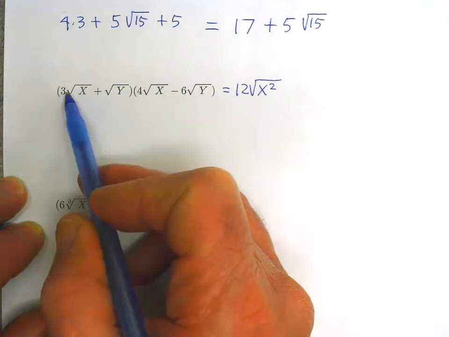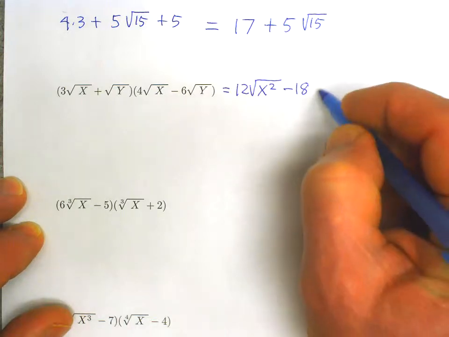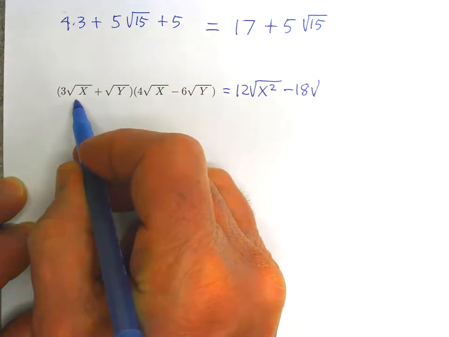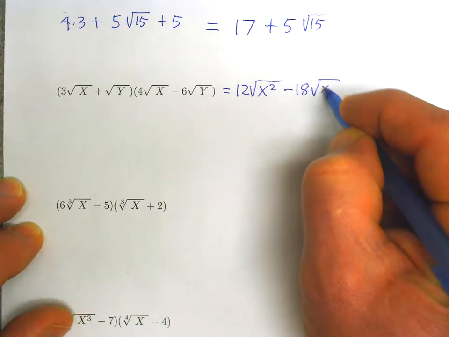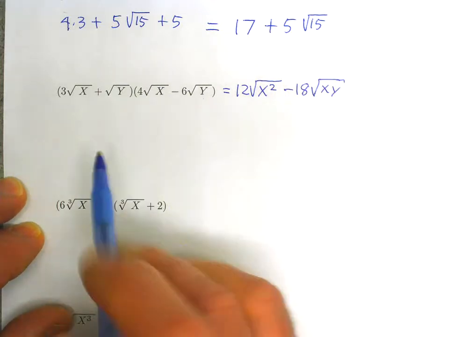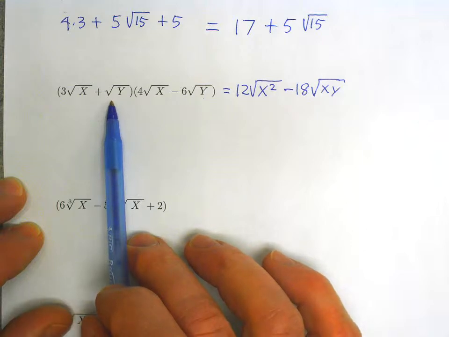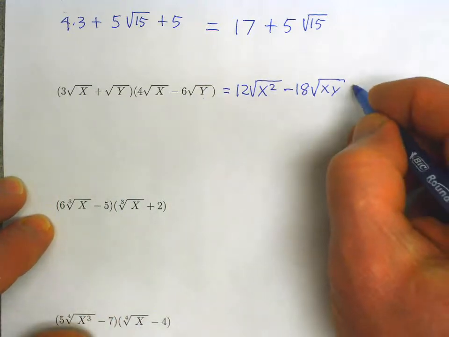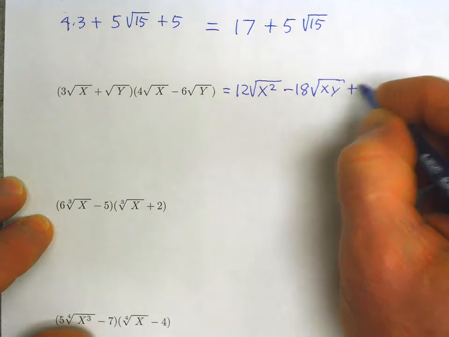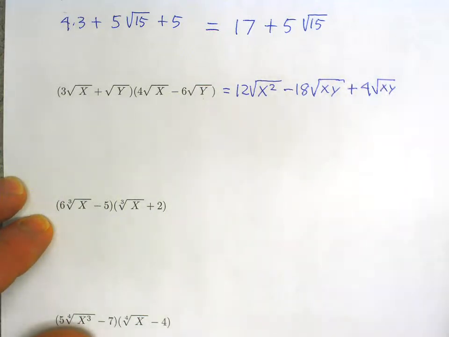So minus 3 times 6 is minus 18. And the square root of x times the square root of y is the square root of xy. And then we multiply the square root of y times 4 times the square root of x. So we're going to write plus 4 times the square root of xy.